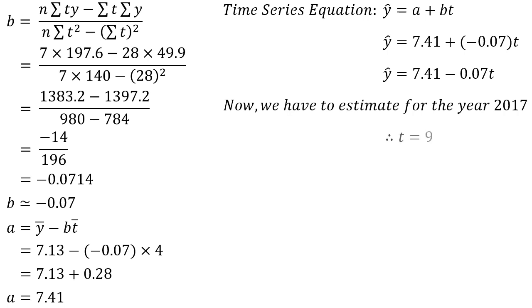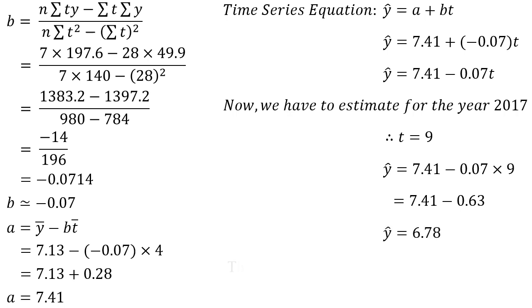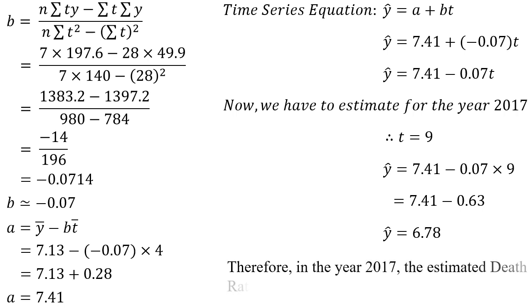As the year is 2017, the T will be assumed as 9 in the equation. So we will take T as 9, put it into the equation, multiply it with 0.07 to get 0.63 and subtract it from 7.41. You will get Y cap as 6.78. So in the year 2017, the estimated death rate will be 6.78 in a state.